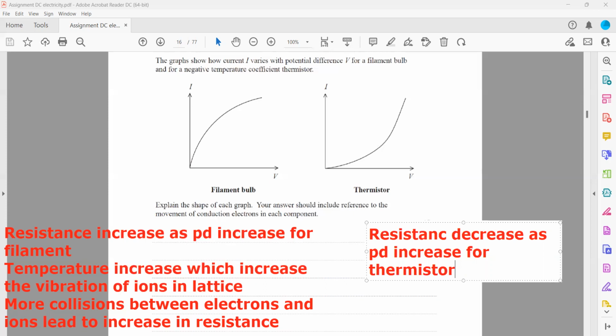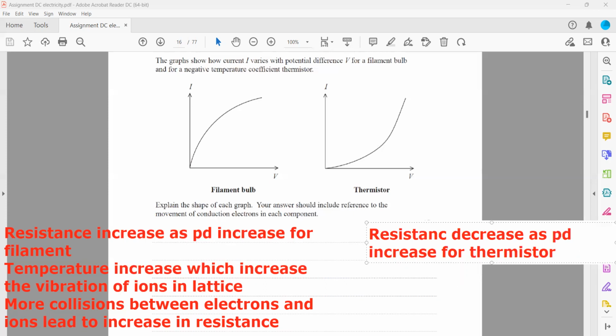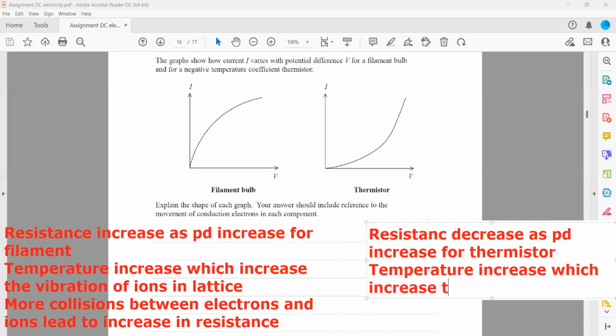What about the second point? The second point will mention the temperature increase, because current also has a heating effect. So temperature always increases when there is a current through any device or component. So temperature increases, which increases the number of charge carriers, like more electron and hole pairs are generated.